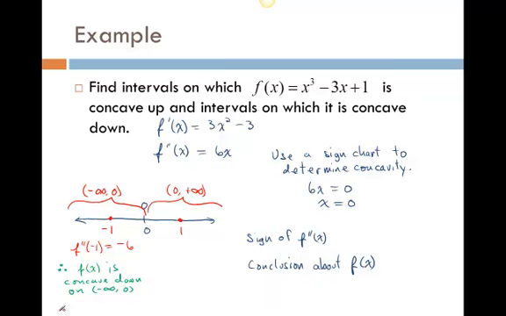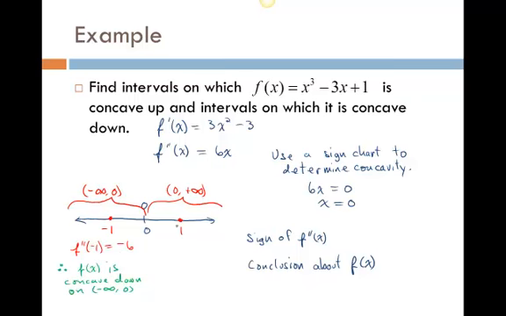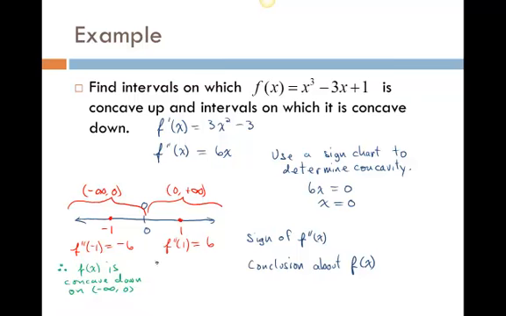Do the same thing for this other interval from 0 to infinity. We're using a test point in the second derivative, plugging in 1. So we get 6 times 1, which is just 6. That's positive, right? And so from this, we can conclude that the original function f of x is concave up on 0 to positive infinity.